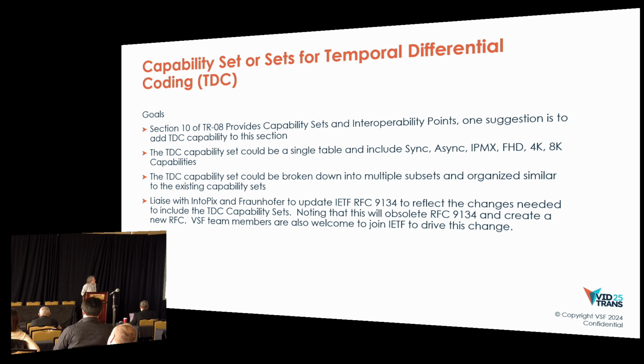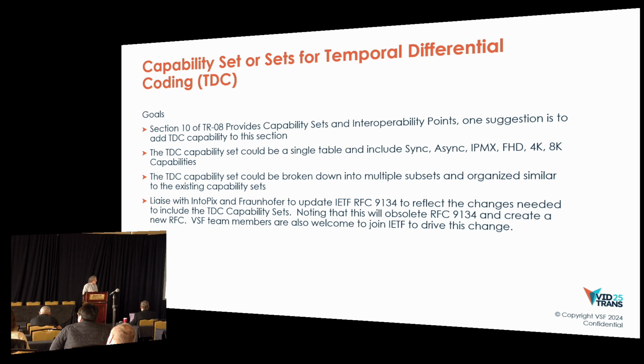The TDC set could be a single table. However, in the existing table, it's divided by synchronous, asynchronous, IPMX, full HD, 4K, and 8K capabilities. So we might have to break it down in the same fashion. We'll have to determine that so that you could have a separate TDC capability set that's broken down into multiple subsets. So that's one way of doing that. We'll go over that and figure out the best way to do it.